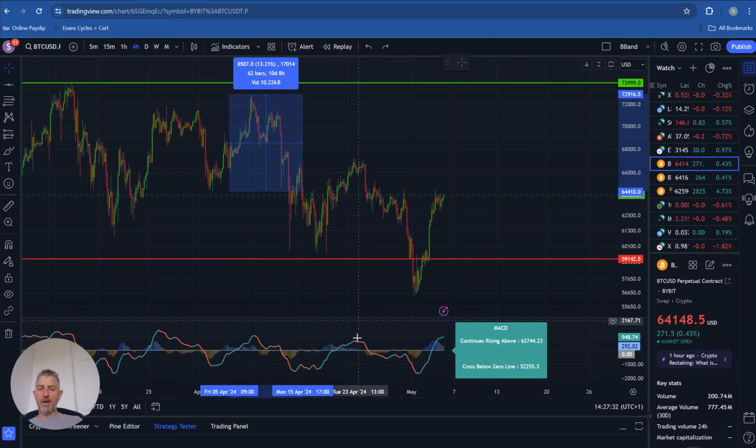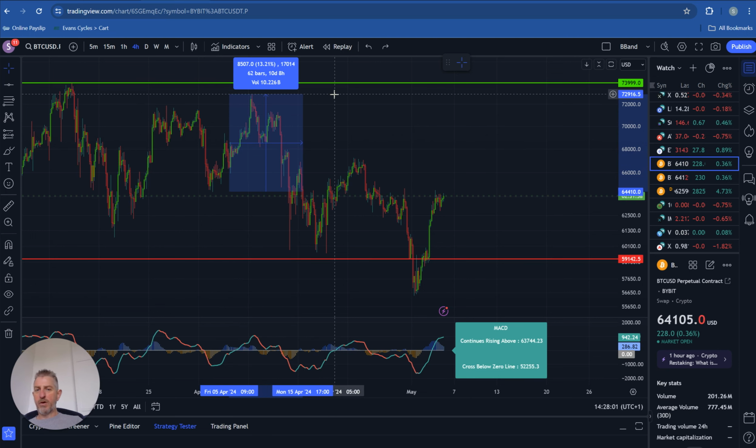Now, the way I look at this, that's a key area. A bit like how I use the zero line on the MACD, when it comes to figuring out a rough area for which below or above is significant. So on this move up, it bounced off the 50%, but then on that 4-hour candle, it broke through. And that was a signal that this was no longer an uptrend.